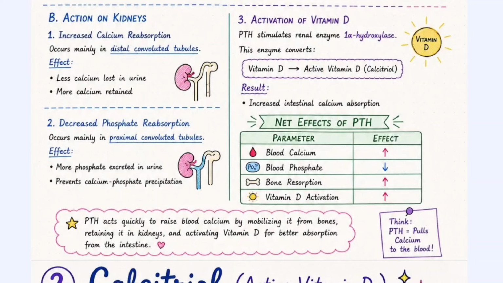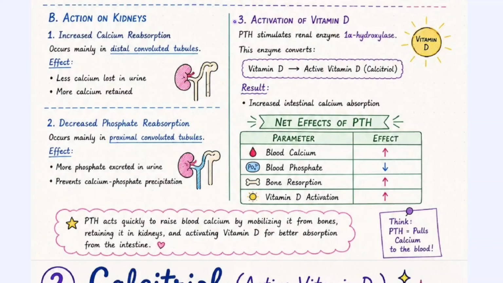What are the effects? More phosphate is excreted in urine and it prevents calcium phosphate precipitation. It means parathyroid hormone acts on the kidneys to increase calcium reabsorption and decrease phosphate reabsorption. It helps in increasing the calcium level of the body and decreases the phosphate level of the body.